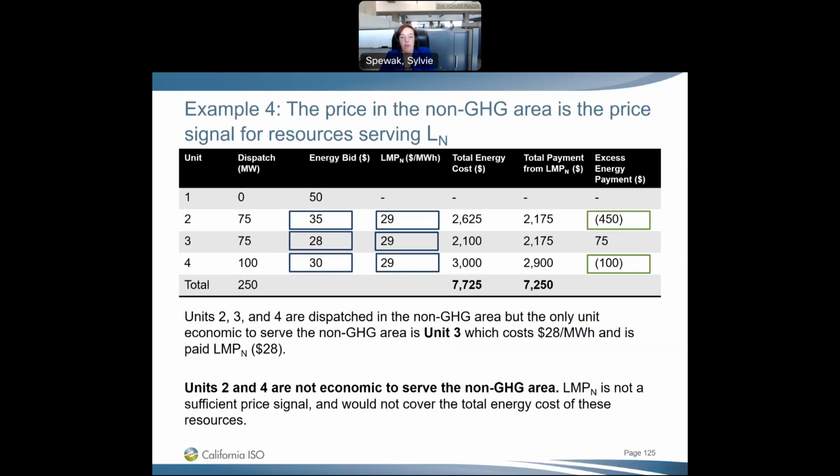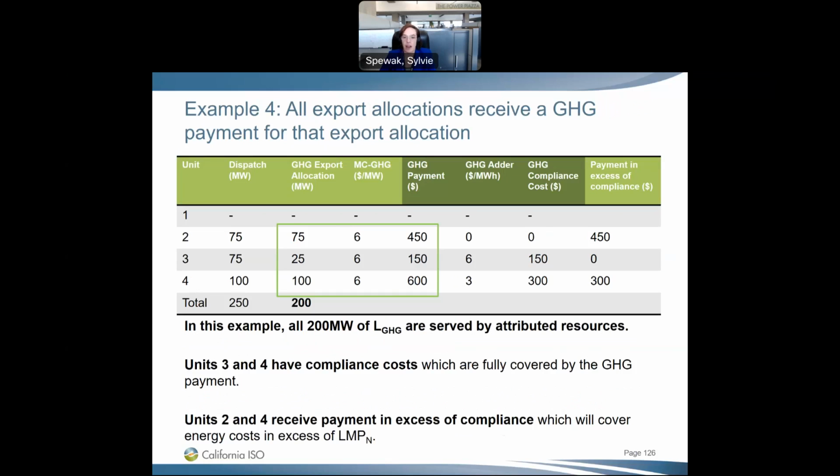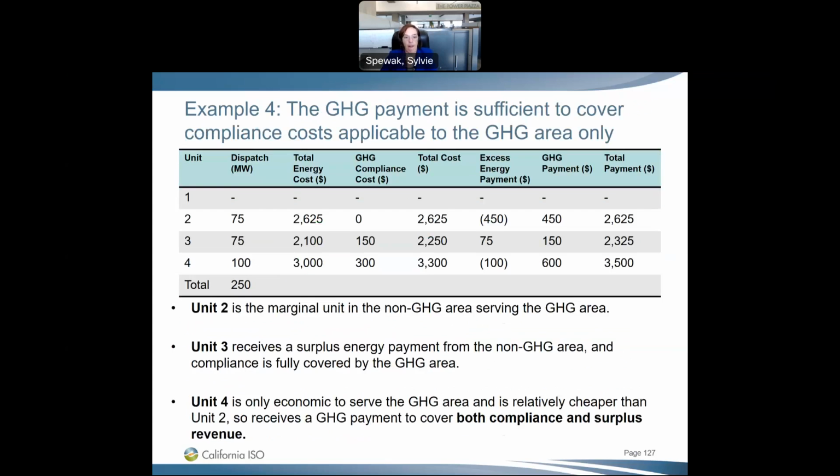And we saw on the previous slide that this resource needed $100 to be made whole. So it's getting a payment in excess of both compliance and energy. And we can see that here. Resource 4 has a total cost of $3,300.